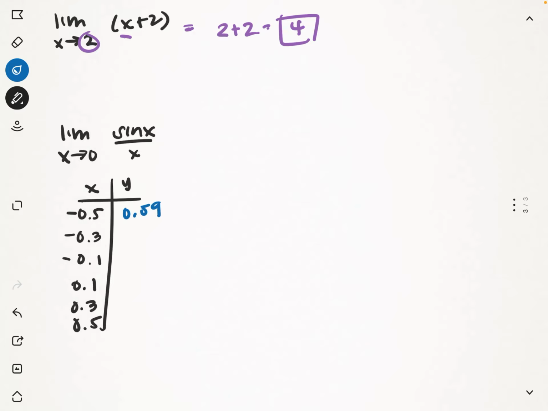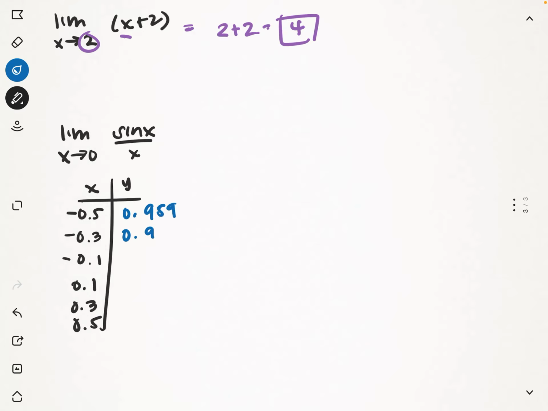The next one, sine of negative 0.3 divided by negative 0.3, is 0.985. Oops, this top one I messed up, I think. This is going to be 0.959. I think I said it and then I wrote the wrong number.